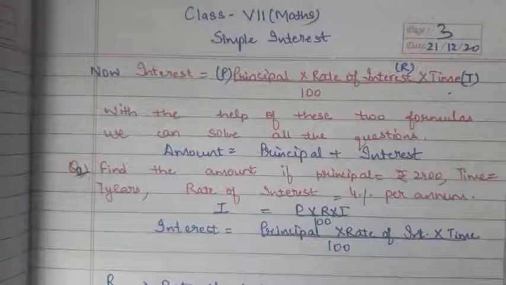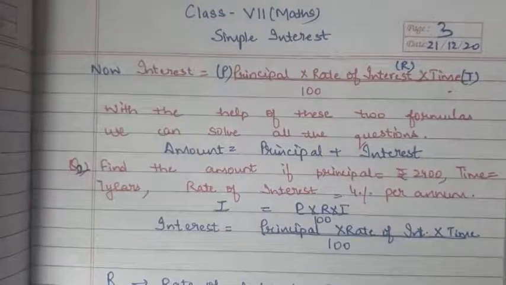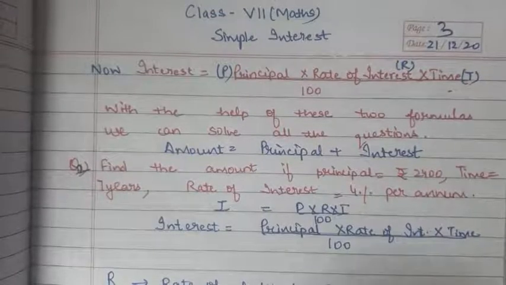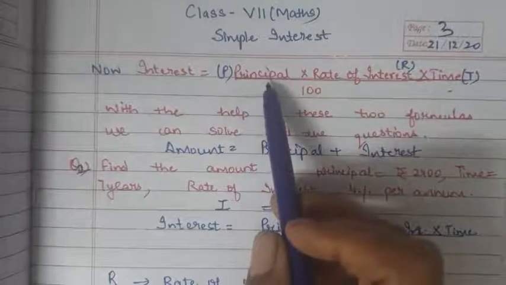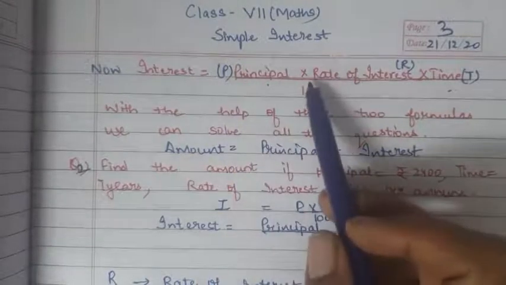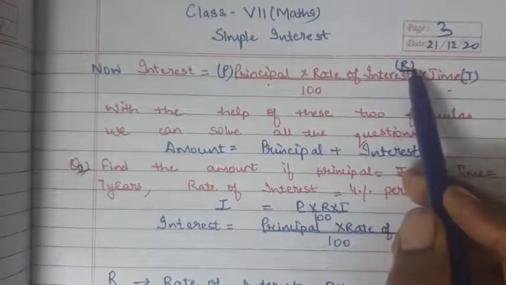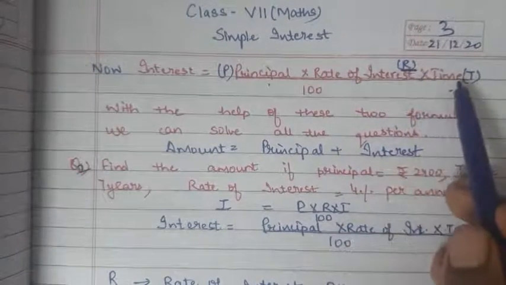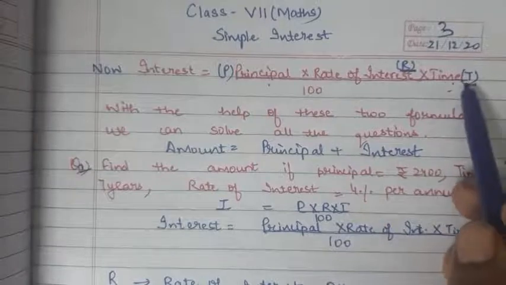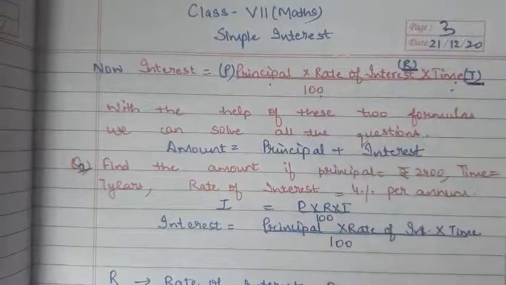Now students, to find the interest, we have a simple formula, that is principal represented as P multiply rate of interest represented as R multiply time represented as capital T upon 100.